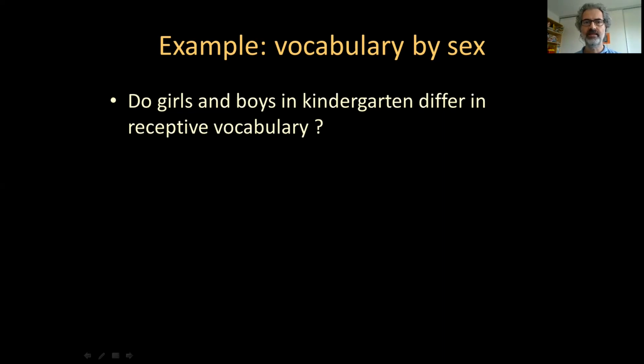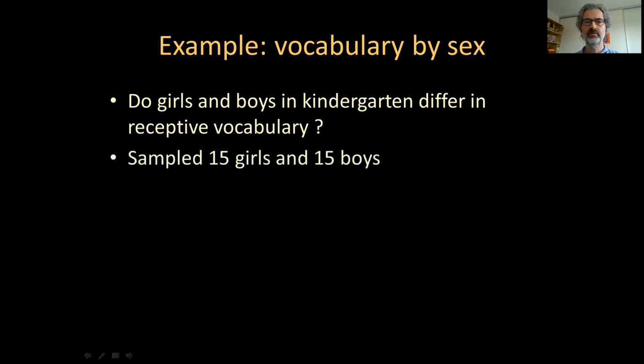In cases like this, a difference between two groups is the same as saying that there is a relationship between the two variables. If vocabulary is related to sex, then the different sexes will have different average vocabularies. If vocabulary is not related to sex, then the two sexes will have the same average vocabularies.